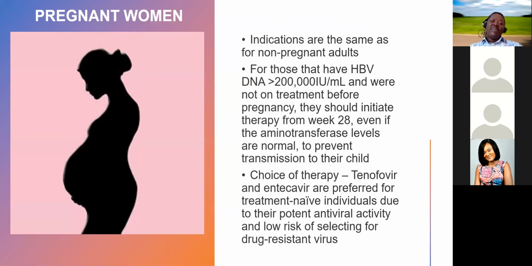Right. So in pregnant women, what are the indications? Okay, it is now the same as for non-pregnant adults. For those whose HBV DNA is greater than 200,000, remember that? Okay. And when they are pregnant, you start giving them antiviral agents from week 28.